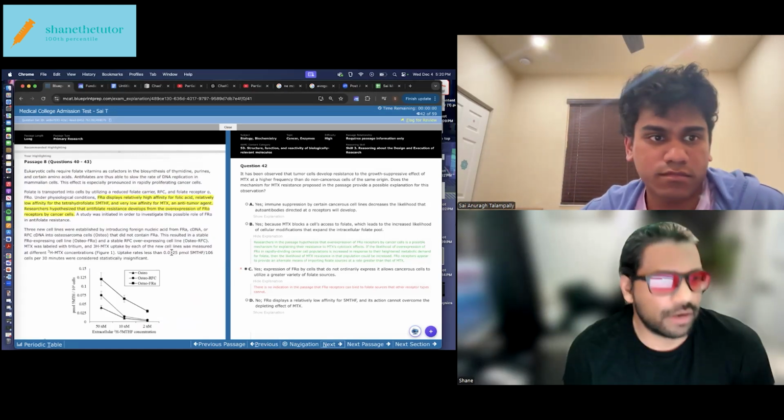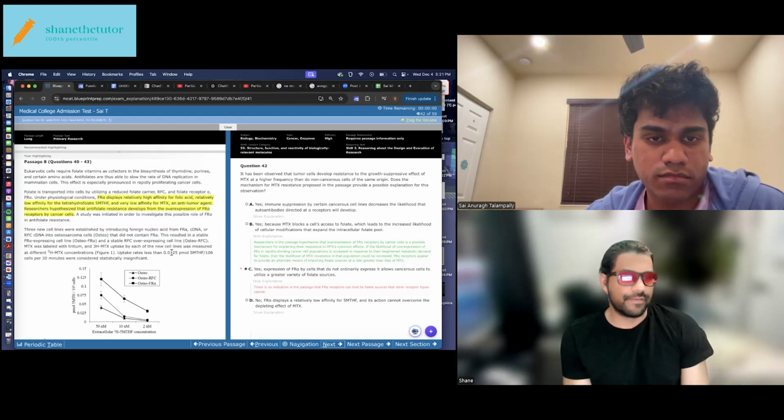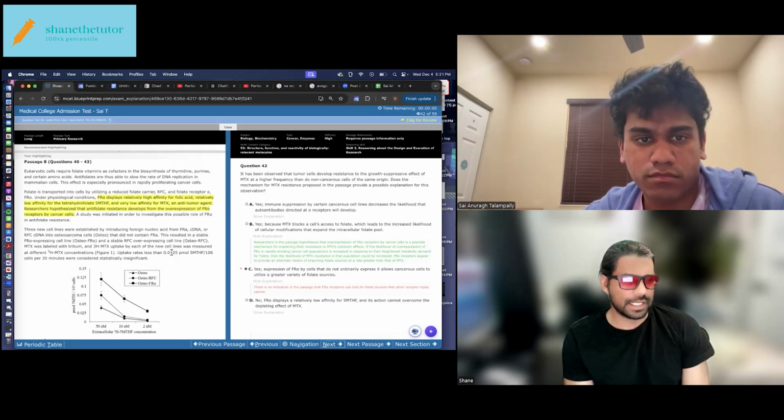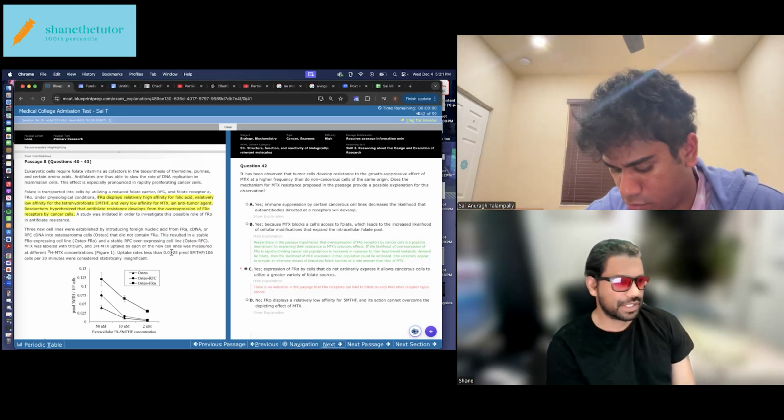Eukaryotic cells require folate vitamins as cofactors in the biosynthesis of thymidine, purines, and certain amino acids. Antifolates are thus able to slow the rate of DNA replication in mammalian cells. This effect is especially pronounced in rapidly proliferating cancer cells. Oh, interesting.